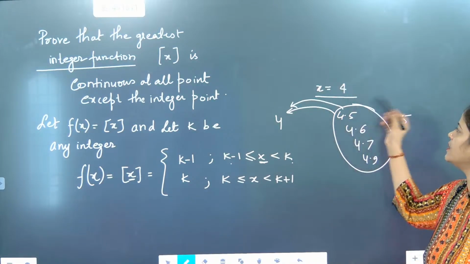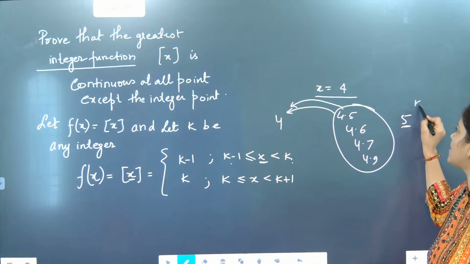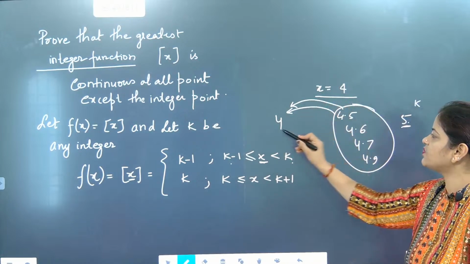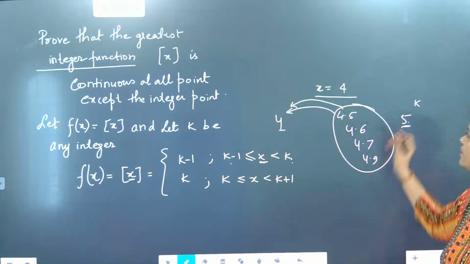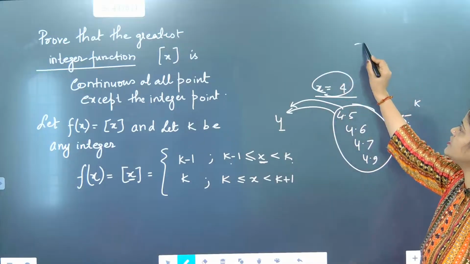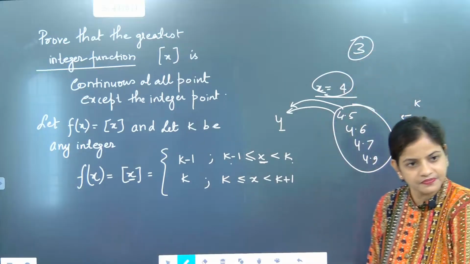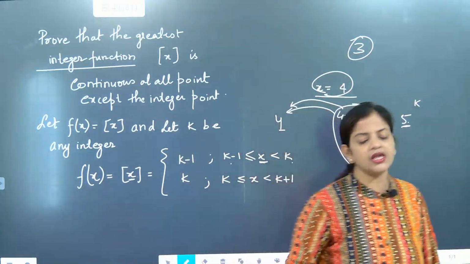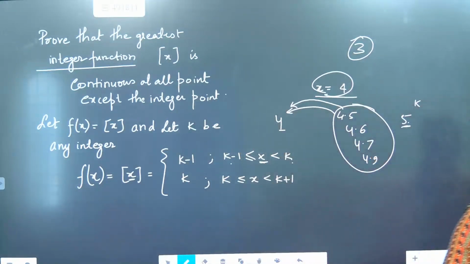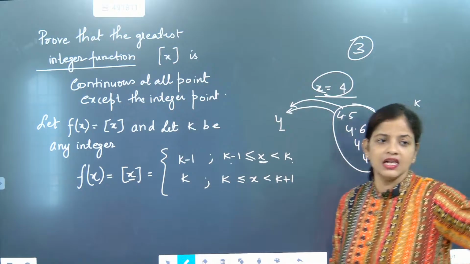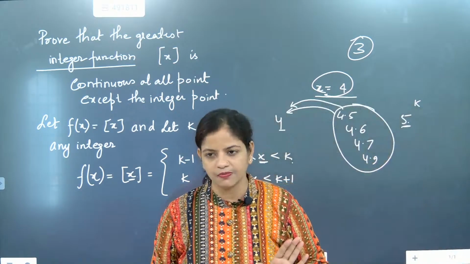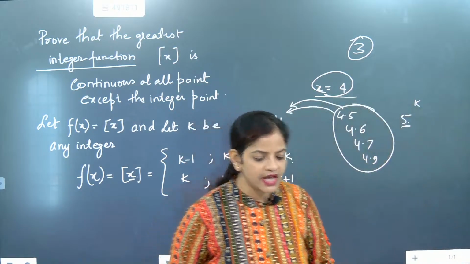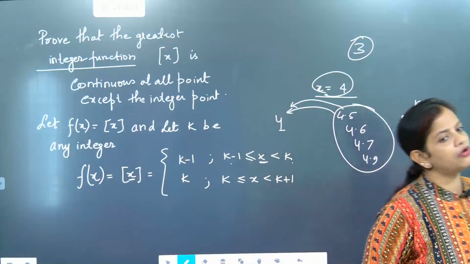If k is 5, then 5 minus 1 becomes 4. So it will always go towards the left side integer part. Are you understanding? Left side integer part, it will always push you.